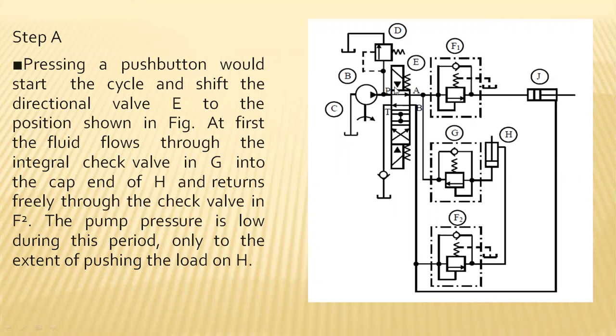So how can we know what is the input system and what is the output system? The input system is the circuit which is before the directional control valve.